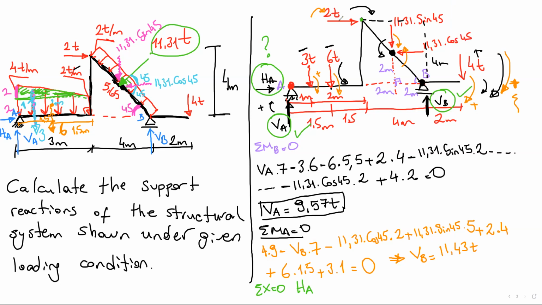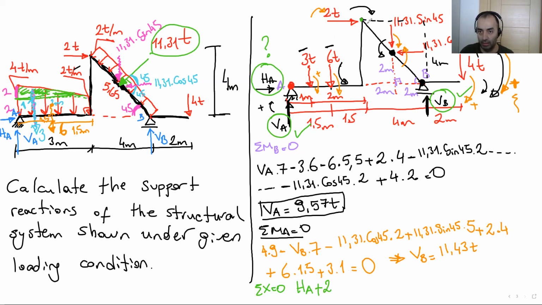Positive. Yes, you're right. If we decide the initial direction, HA is in the direction, as you can see here, they are in the same direction. That's why 2 ton is in the positive direction, plus 2. Okay.